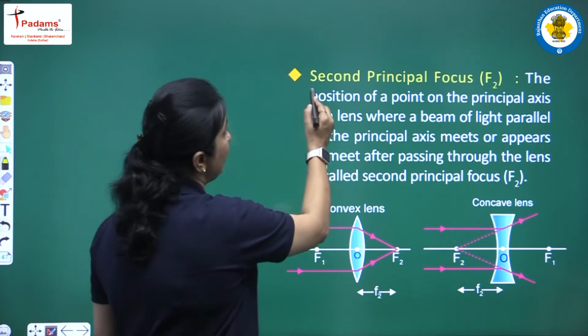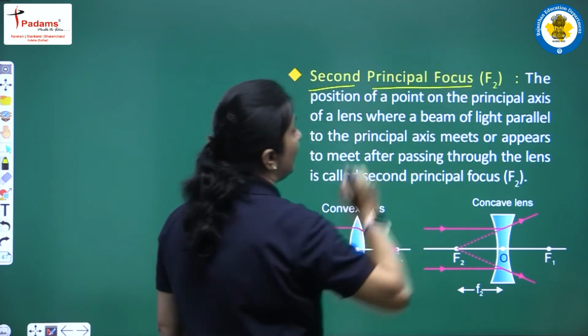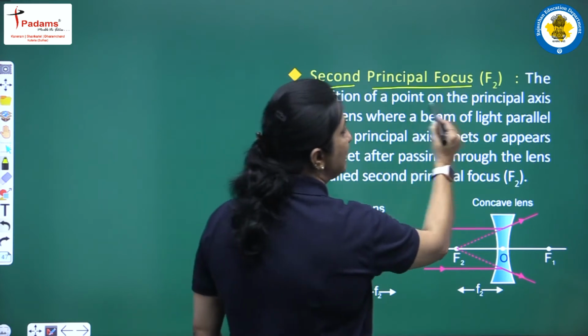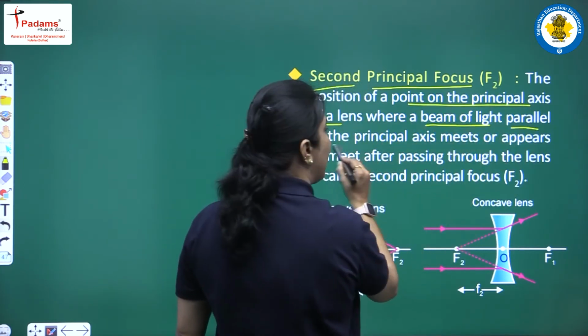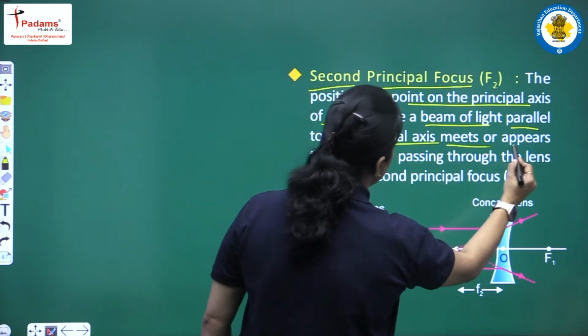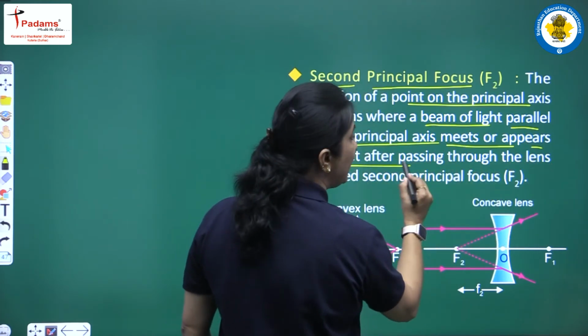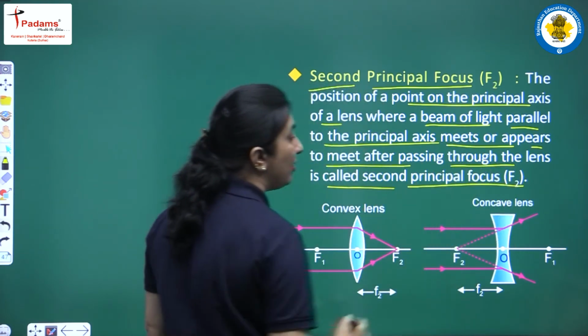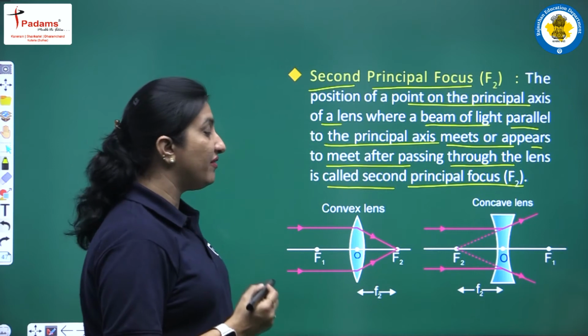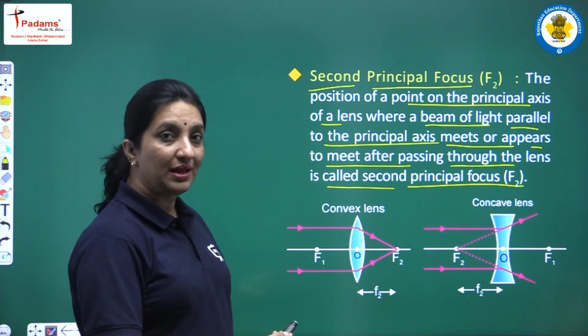Now the second principal focus. The position of a point on the principal axis of a lens where a beam of light parallel to the principal axis meets or appears to meet after passing through the lens is called the second principal focus. Now students, we will understand this again for both types of lenses.